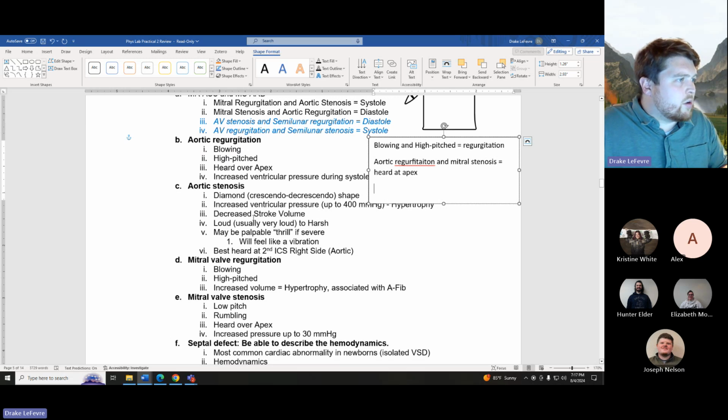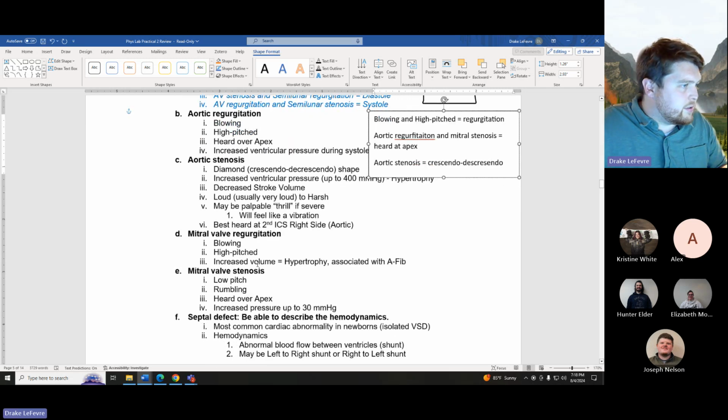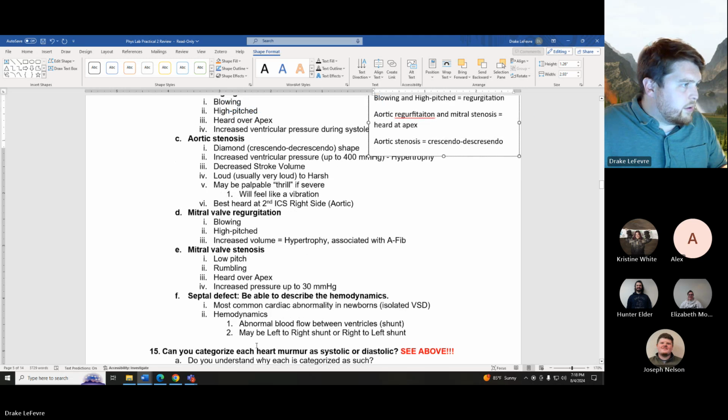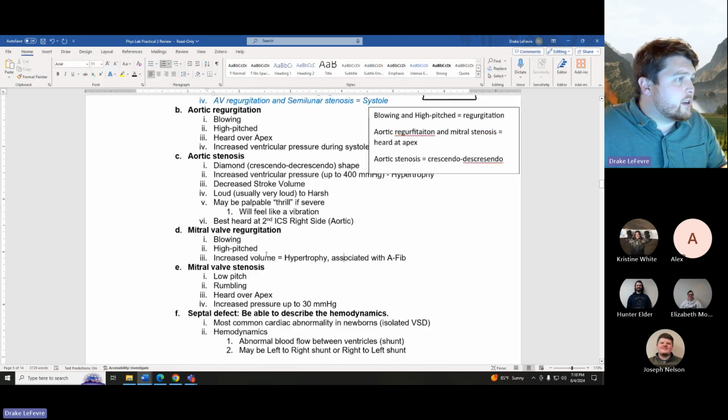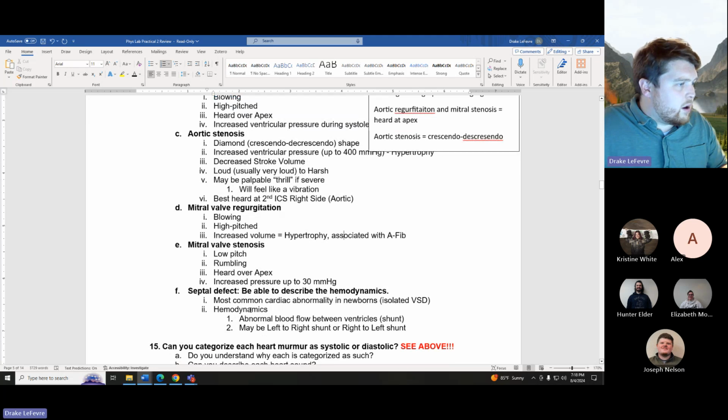So those keywords are going to help you. So aortic stenosis equals the crescendo, decrescendo, all this kind of stuff. Any time you have regurgitation, you're going to have hypertrophy, all that kind of stuff.